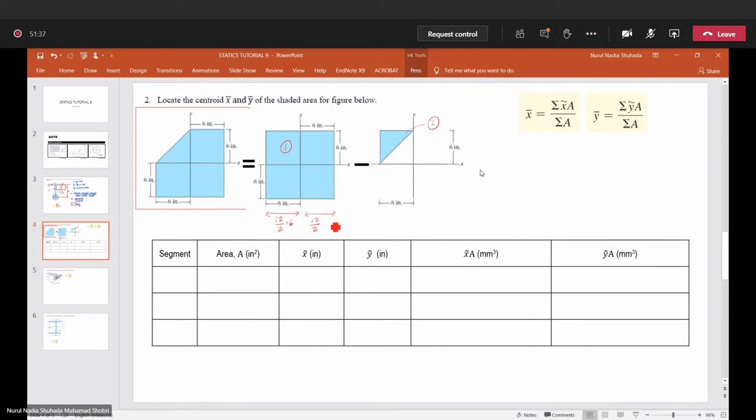Here you divide by 2, you get 6. So the centroid for y is the same, where 12 divided by 2 equals 6. That means you already get the position. So the centroid for this big rectangle will be here at 0, 0.